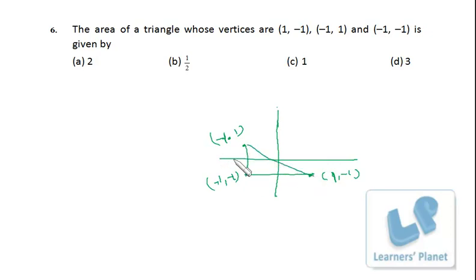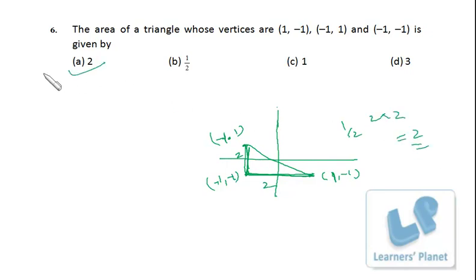So this is a straight line, this is a straight line, so they will be perpendicular to each other. So you just have a right angle triangle. So this length is from minus 1 to 1, this length is 2. From minus 1 to 1, this length is 2. So half of 2 into 2, that's 2.